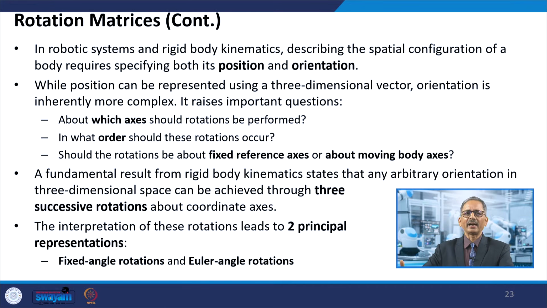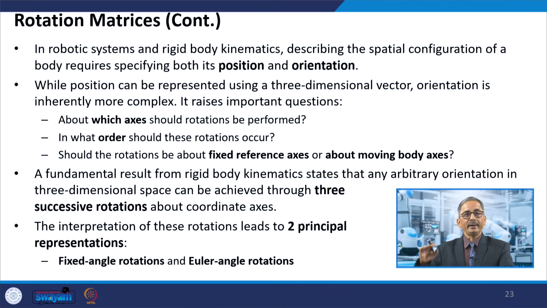And there are questions. What are those questions? About which axis should the rotation be performed? In what order should the rotation be performed? And should the rotation be about the fixed reference axis or about the moving reference axis?